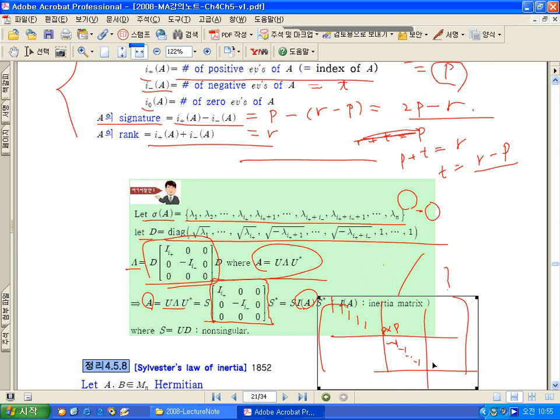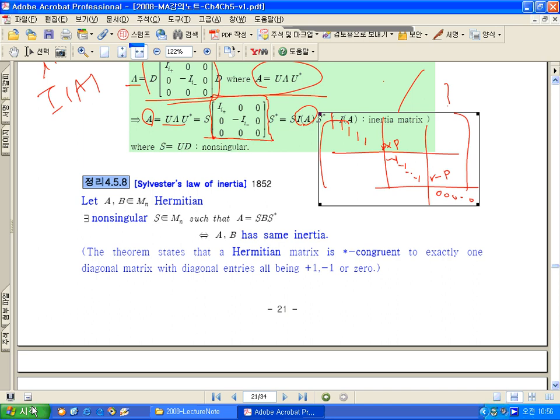What's the size of this? R minus P, isn't it? And the others are zeros, like this. So we call that the inertia matrix. If we know the inertia I of A, then we can make the inertia matrix of A, isn't it? We know the numbers, so we can just make the inertia matrix.